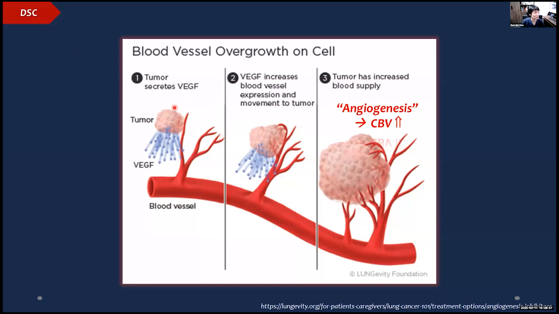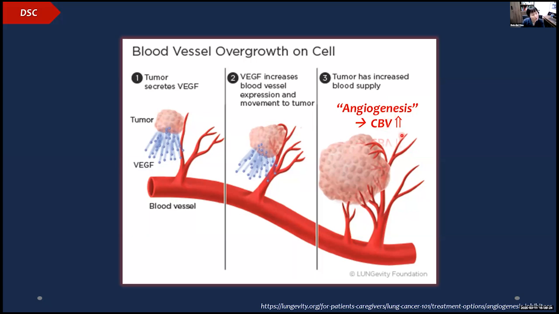As the tumor starts growing, showing overgrowth, it secretes VEGF, which is a commonly known growth factor, to all of you. That factor increases blood vessel expression and induces movement of the vessels to the tumor. The result is increased blood supply to the tumors, a phenomenon called angiogenesis, which all of you would be familiar with.